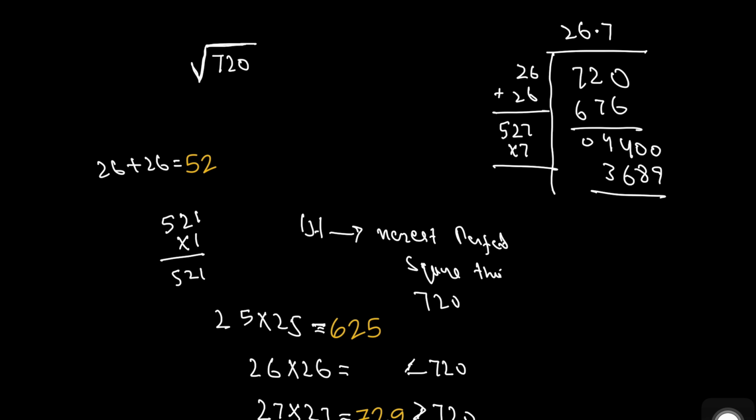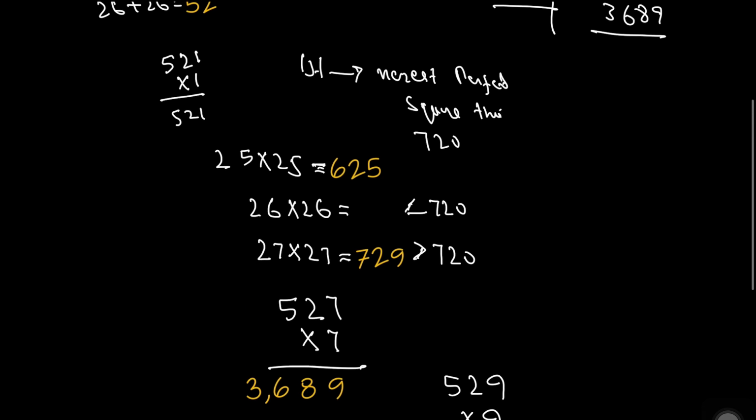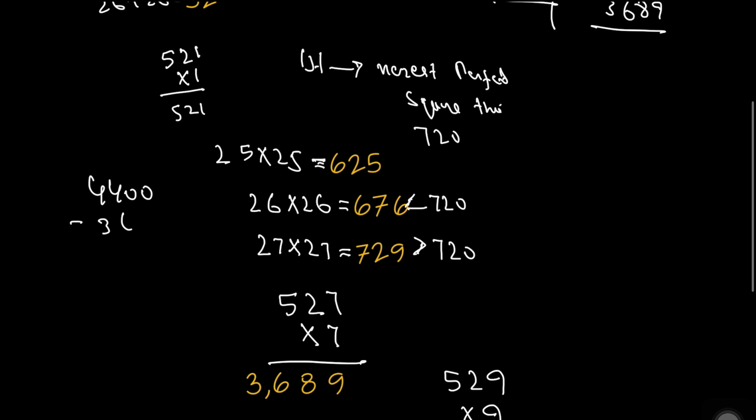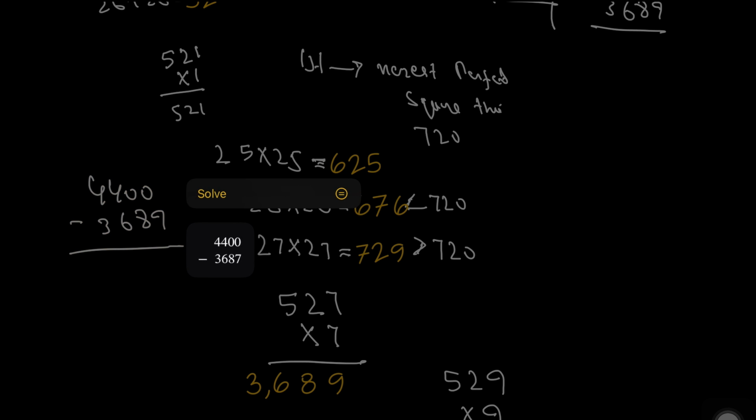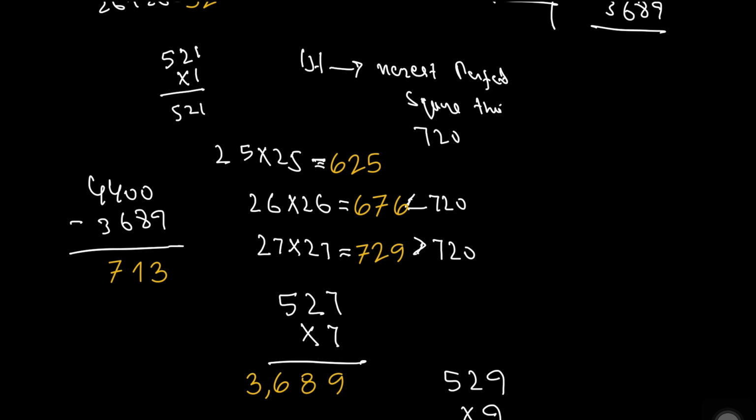So here 4400 minus 3689, and we will get the answer 713.